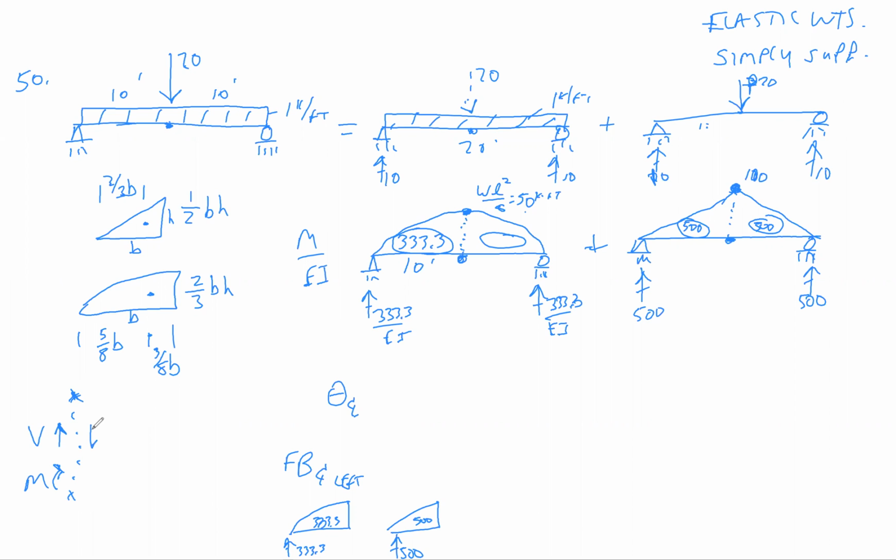As we look to the right of a section, down is positive, or counterclockwise rotation. So as we look at slope here, at this point we got 333.3 acting down and 333.3 acting up, 500 acting down, 500 acting up. So, as I illustrated before, the slope is 0.